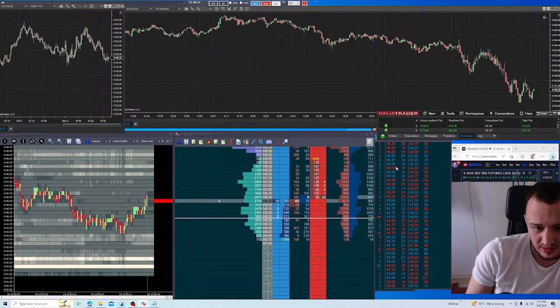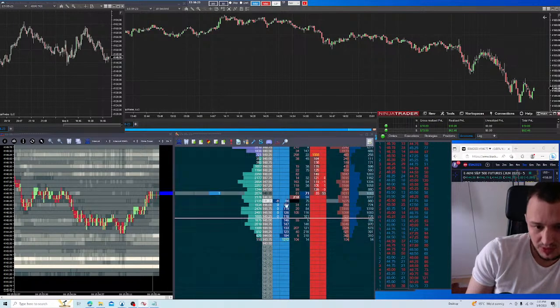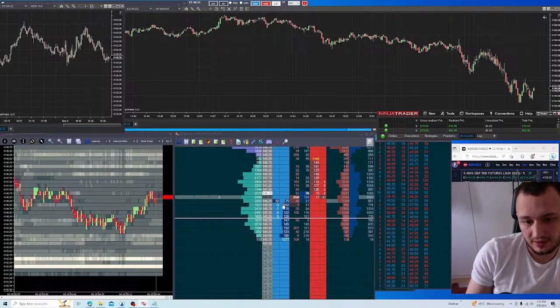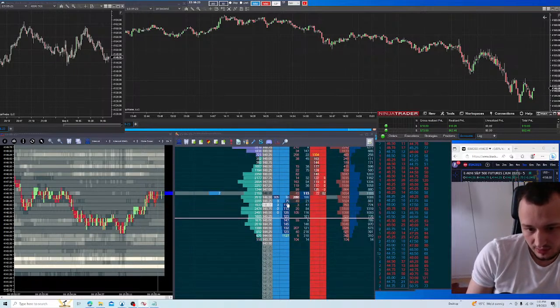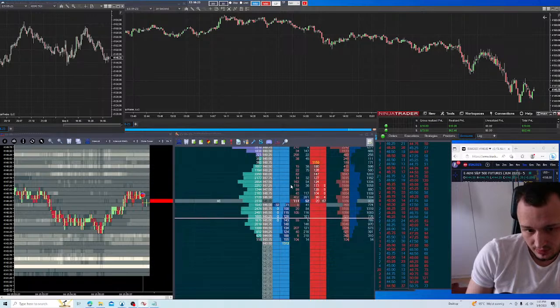Now some mid-size immediately, some mid-size selling, but we're starting to find a bid here now. So we're finally starting to find a bid, okay, which is interesting. So maybe now they want to go up for the stop loss hunt, okay. We're finally finding a bid.